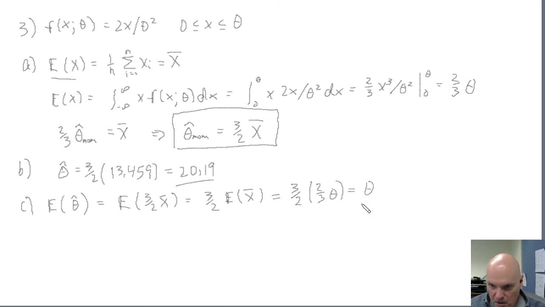It's not always the case that the expected value of the estimator is equal to theta, but for this particular estimator that is true. So this is what we would call an unbiased estimator. The expected value of theta hat is equal to theta, and that's a property we like to have.